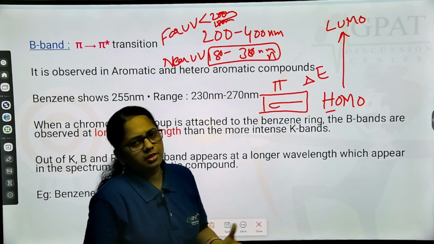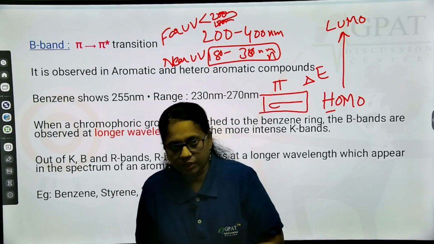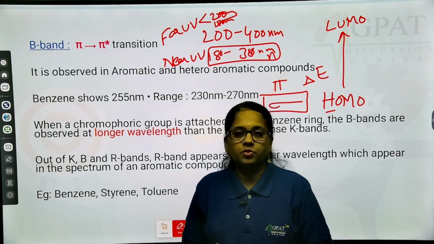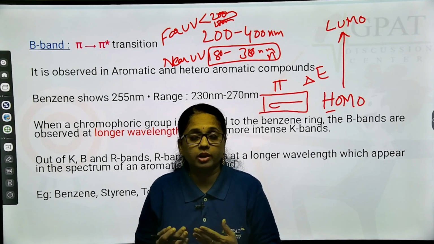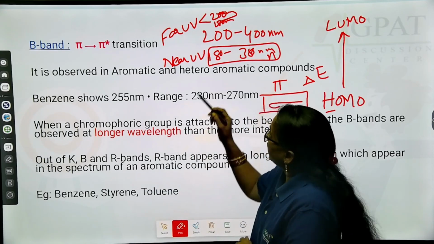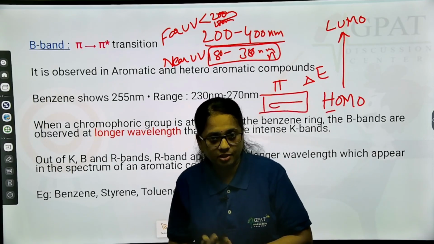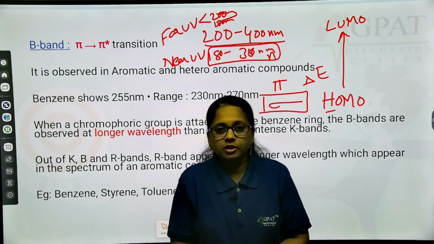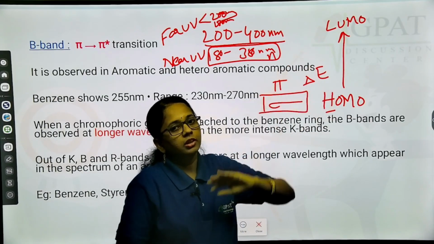Most of the unsaturated compounds undergo electronic transitions in the near UV. That means whenever we give energy in the form of light, that is nothing but electromagnetic radiation in the range of UV, the electrons are excited from the ground state to the excited state.